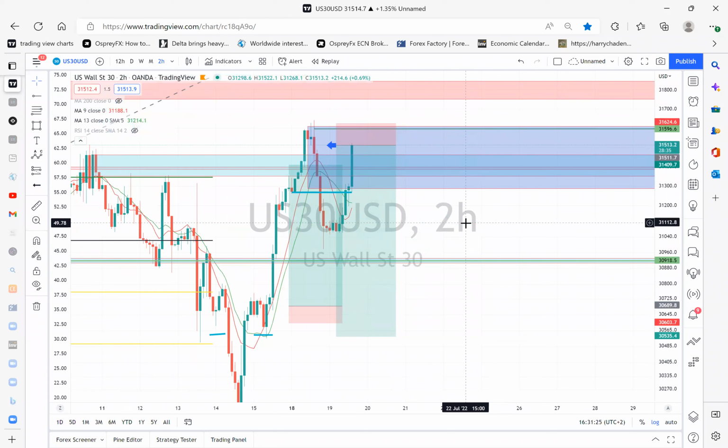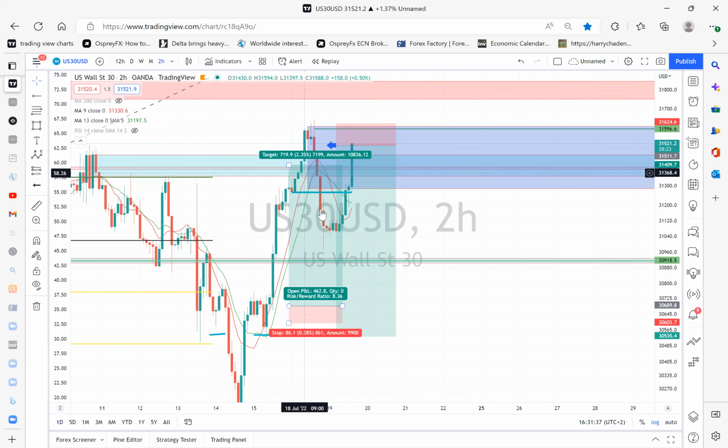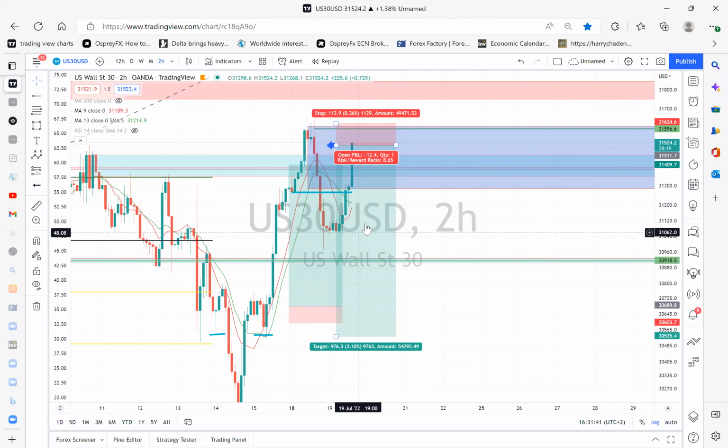I only come here whenever I get daily order blocks or weekly order blocks, because the move is going to be huge. But you can find these moves in any pair, in any time frame. The higher the time frame, the larger the move will be. It'll happen slower, but it's still going to be a large move.